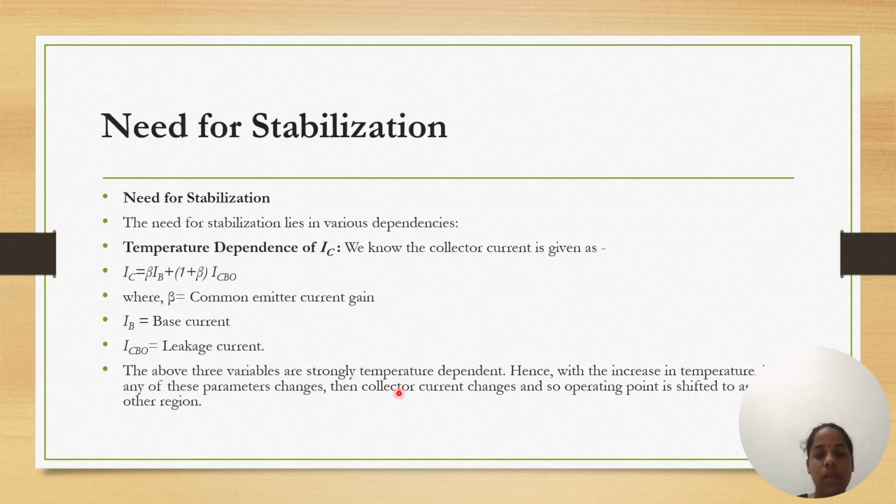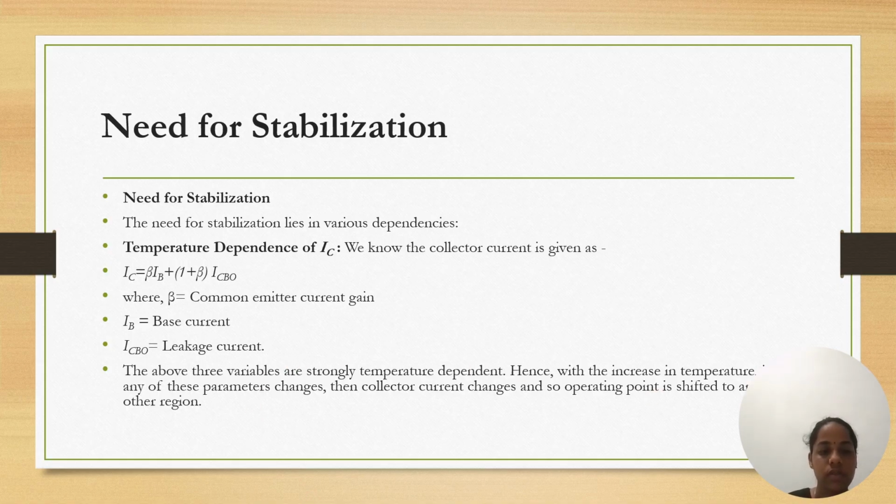These three variables are strongly temperature dependent. Hence, with an increase in temperature, any of these parameters change IC and beta values. So the operating point is shifted to another region. The operating point means the small signal VCE, IC of a transistor.